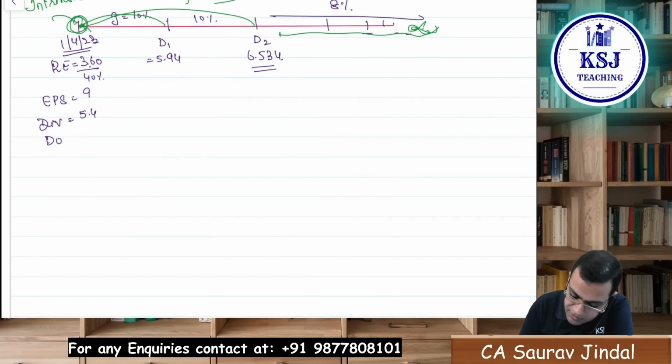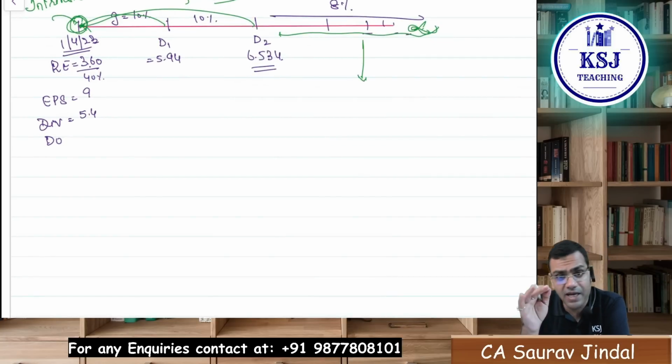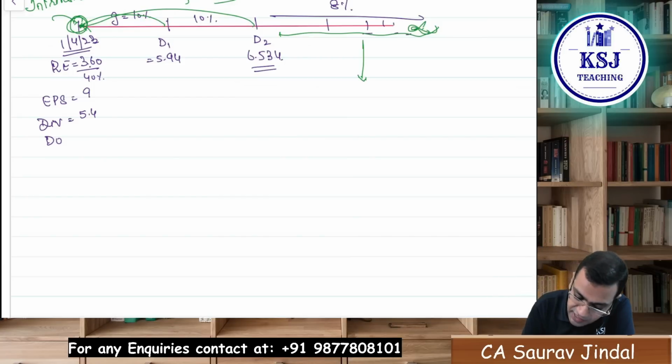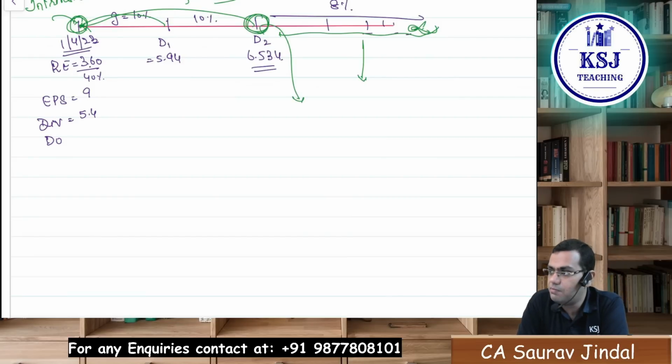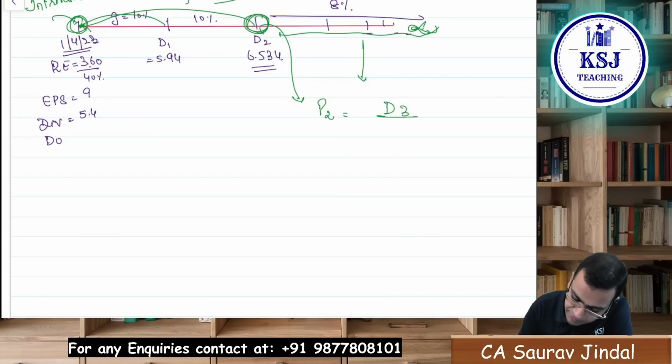Now, we can apply Gordon's growth model when the growth is constant. After 2 years, the growth is constant. So can I find out the price of the share at this level? Yes, sir, I can find out. What will be the price here? P2. P2 here will be D3 divided by KE minus G. Can I write D3 as D2 into 1 plus growth rate, divided by KE minus G?